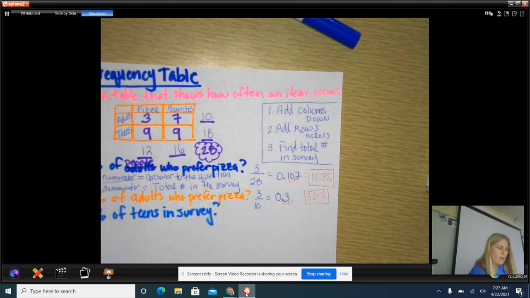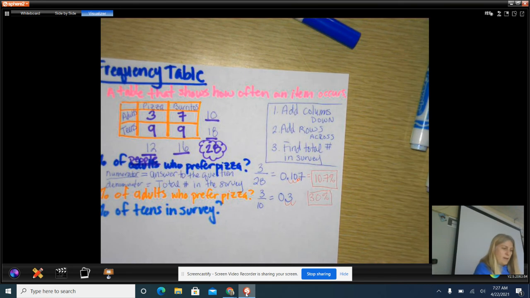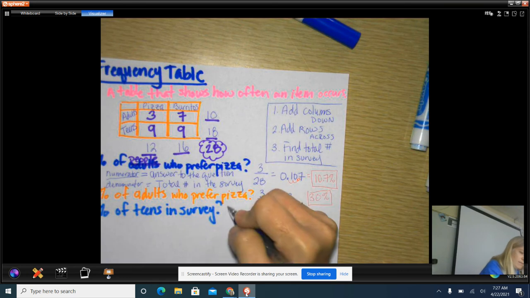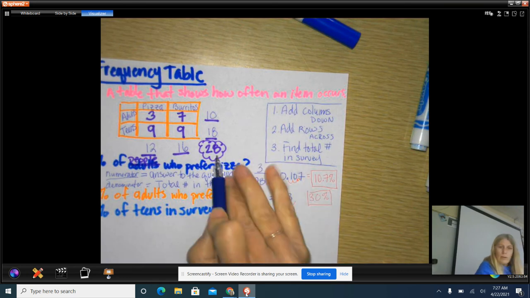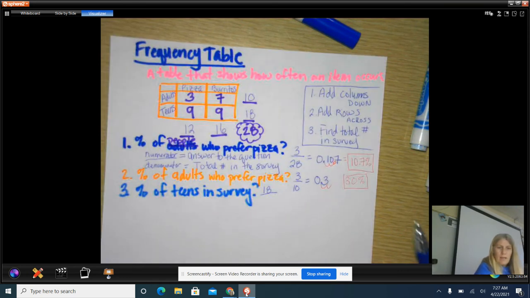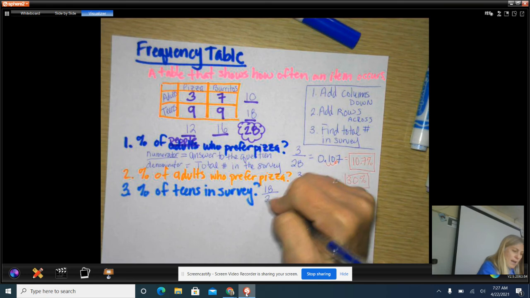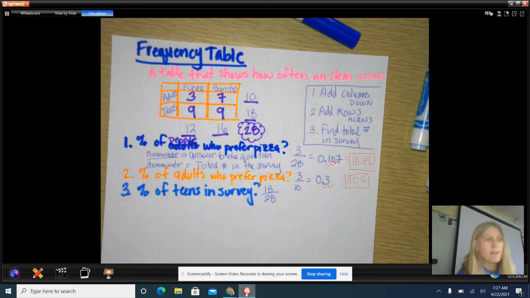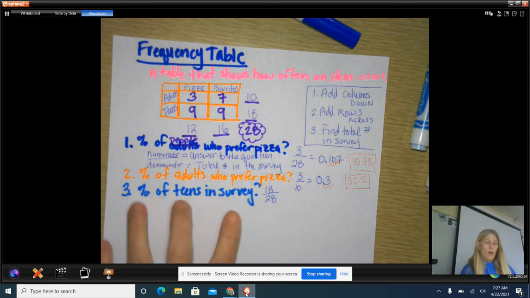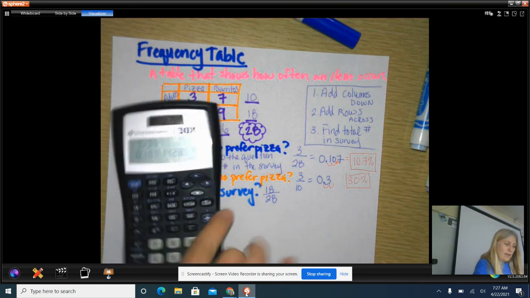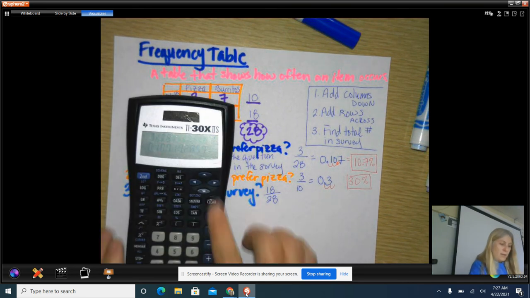So our answer is how many teens are in the survey, and so that's 18 out of the total number of people in the survey, which is 28. So you have to be careful, as you can see, if words get a little confusing as you're working on here. You just have to be careful that your numbers are reading which people you are getting for your answer and which people you are getting for your denominator as well.